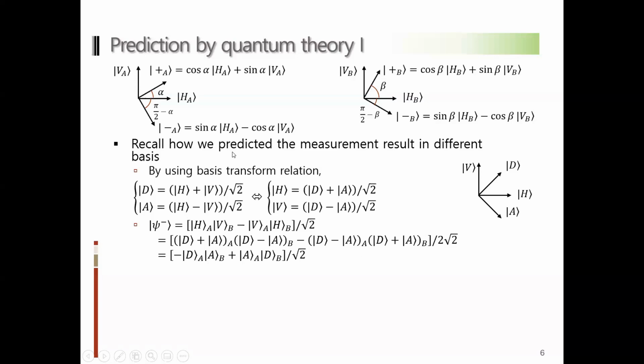If you remember the statement of the third postulate, the Copenhagen interpretation says that for each measurement type, there is a corresponding Hermitian measurement operator. Because it is a Hermitian operator, it has orthonormal eigenvectors, and we can use those eigenvectors as a basis.